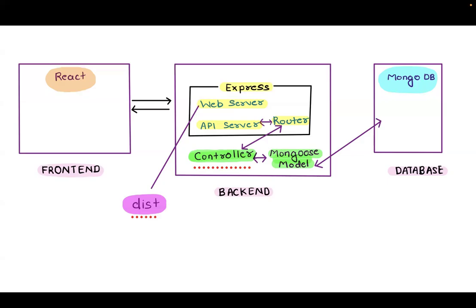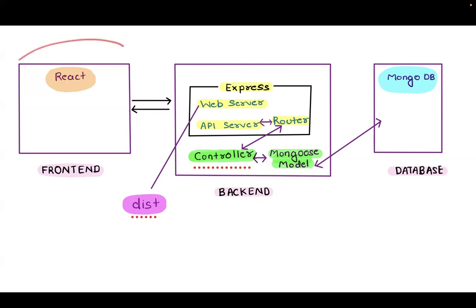Once again, let me tell you quickly. Front end is our React application. Express is our server. Express has a router which can differentiate different APIs, and all the functionalities of the APIs are written in the controller. This controller will talk with Mongoose. With the help of Mongoose, it will retrieve the data or send the data to MongoDB.